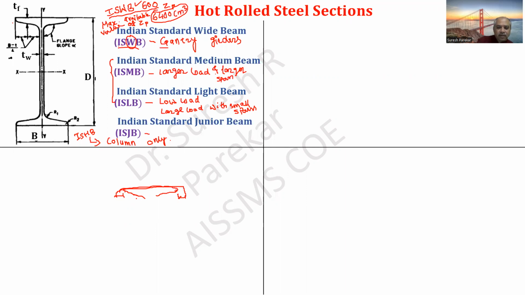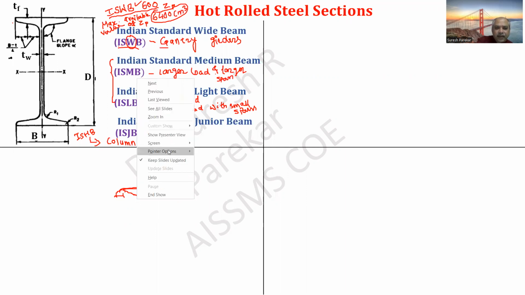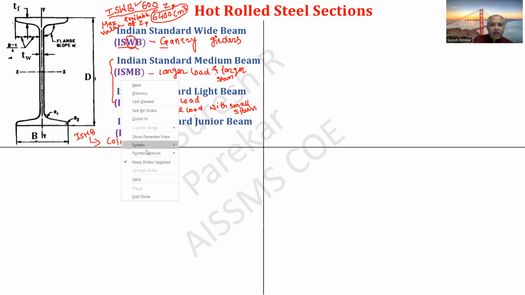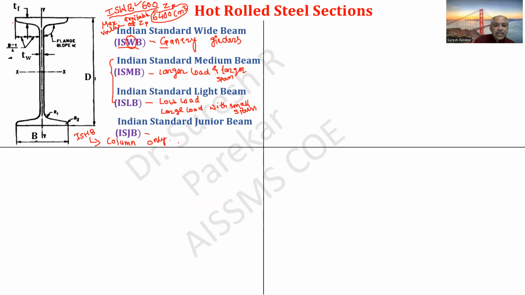So ISWB is preferred when we are going for gantry girders. Now we have ISHB, for which we go for columns. The reason is that these are heavy.